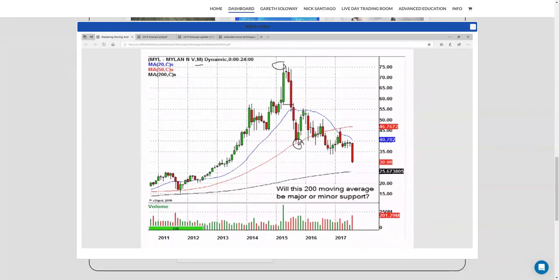Major or minor? Major. Can you take that 50 MA? You sure can. I already see other factors that I'm not even going to talk about that I did not put on the graph.